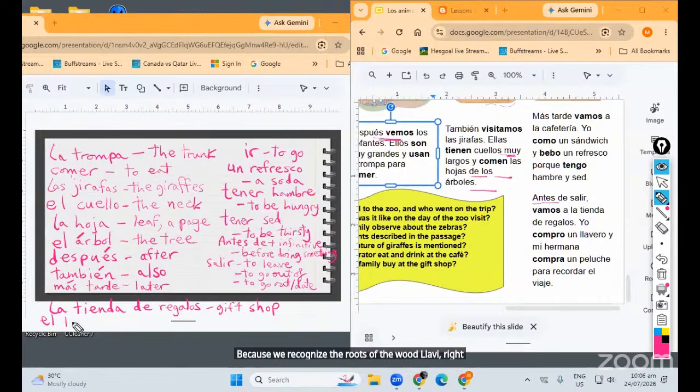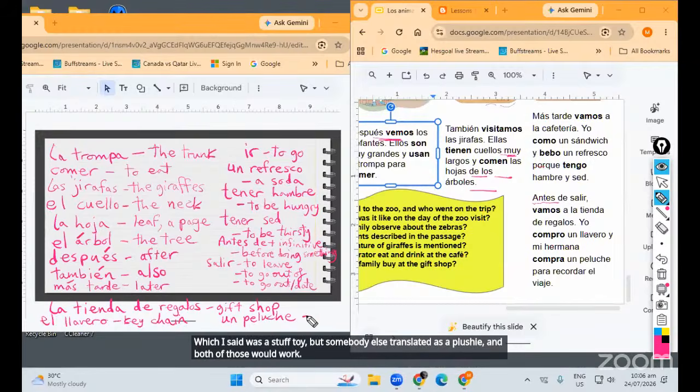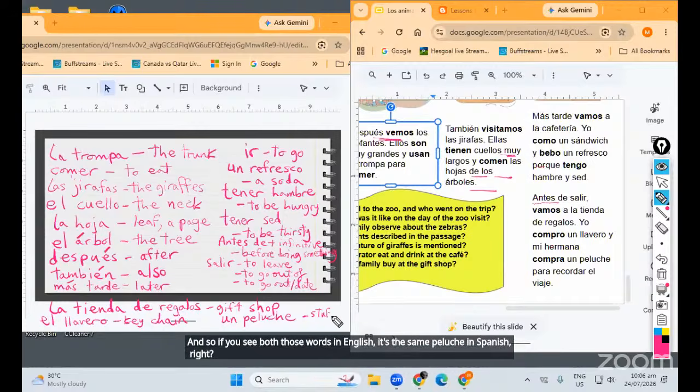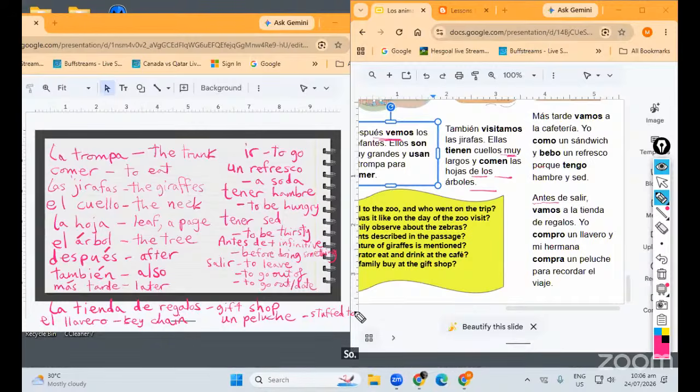So el llavero, keychain, and peluche, which I said was a stuffed toy, but somebody else translated as a plushie. And both of those would work. If you see both those words in English, it's the same peluche in Spanish, right? Or a soft toy, a stuffed animal, still peluche.